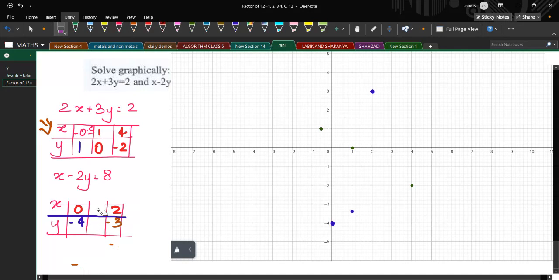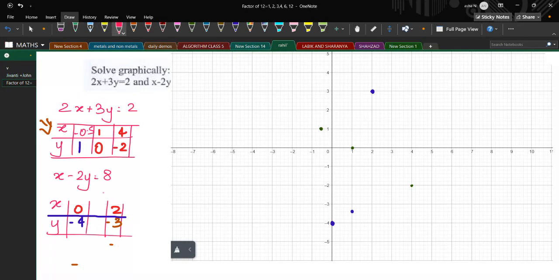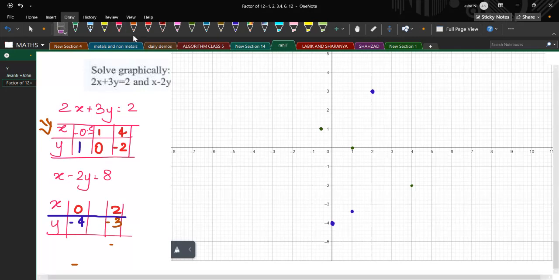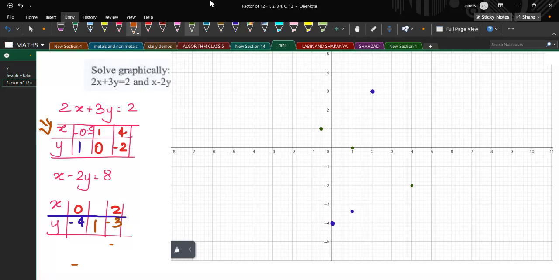Let's take y as 3. 3 twos are 6. So 8 plus 6 is, oh, that's a big number. Why are we taking such a big number? Let's take 1. 2 ones are 2. So it will be minus 2. We will bring it to the other hand side. 2 ones are 10.